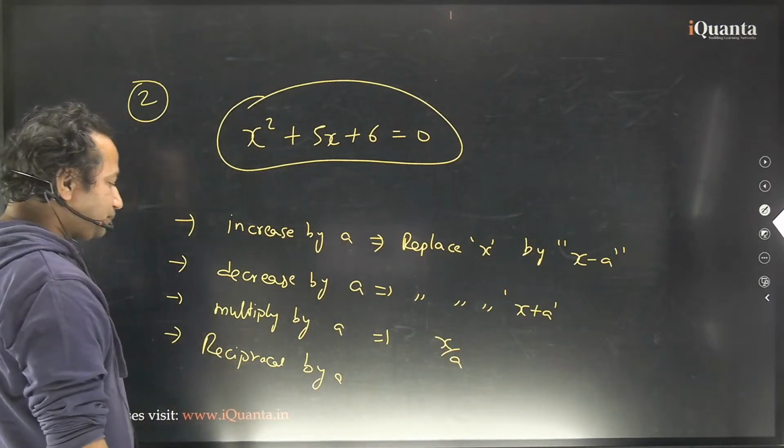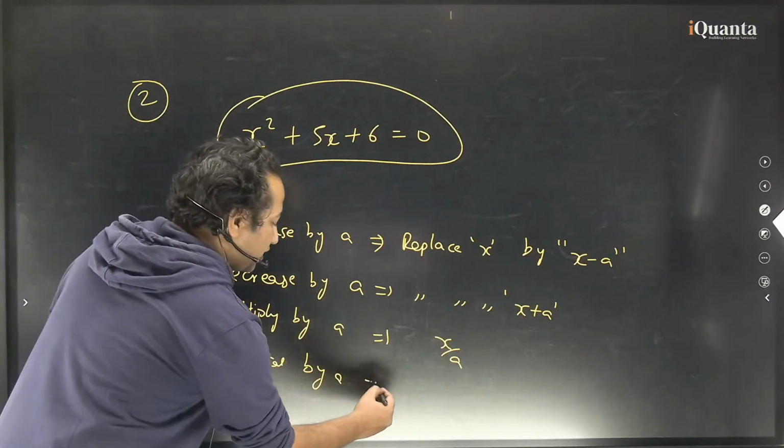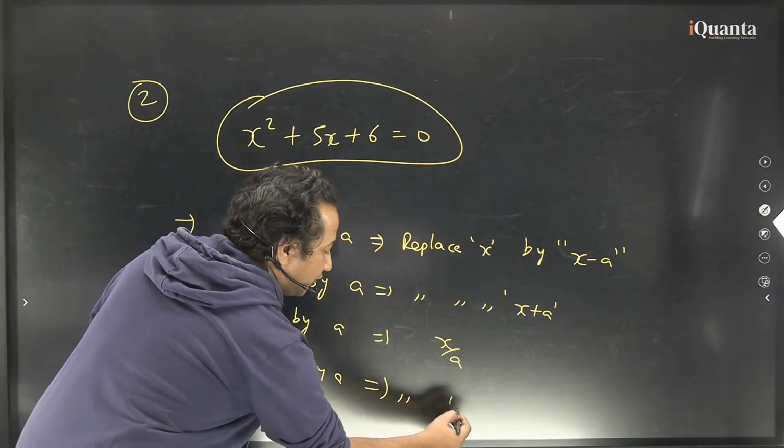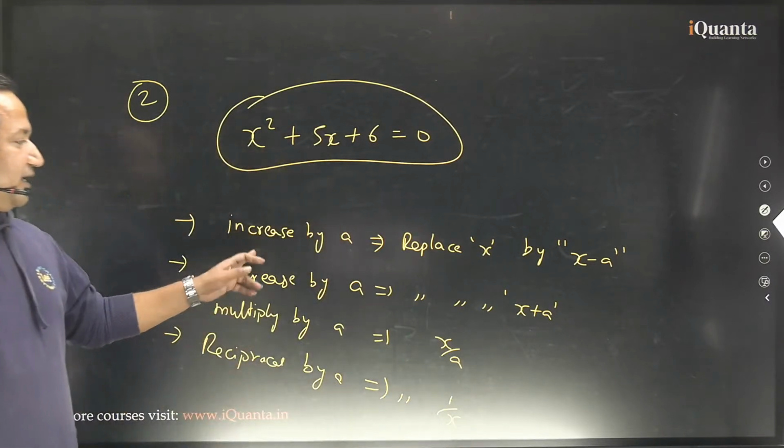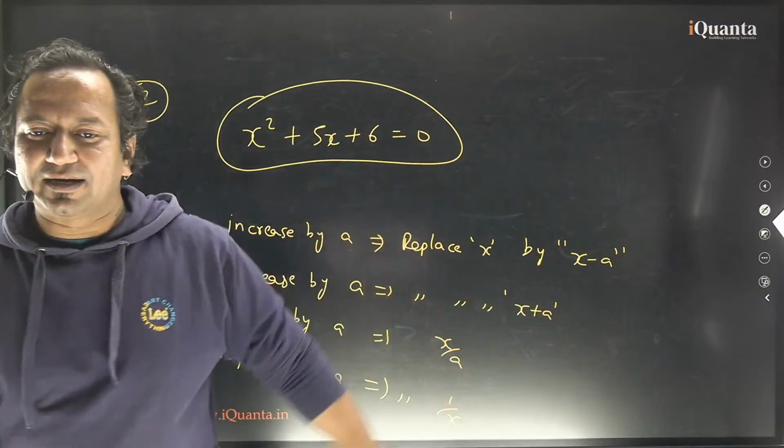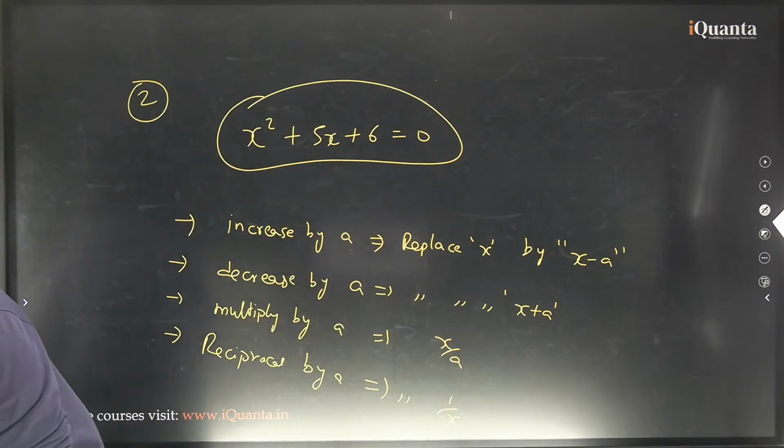In this case, you have to replace x by 1 by x. So whatever is said here, you have to do the opposite. Factorization, finding roots, sum and product, all that stuff is going to waste a lot of time, but this is going to save a lot of time. Understood? Whatever it is, the opposite.